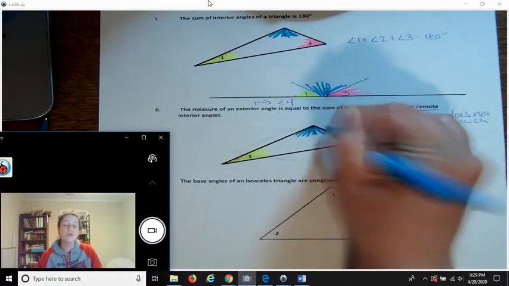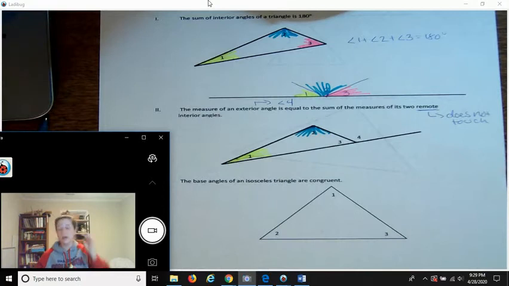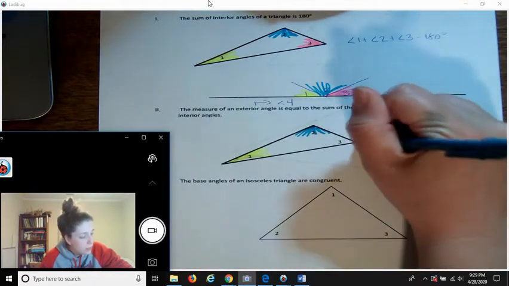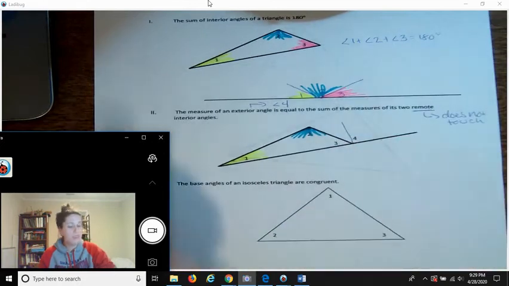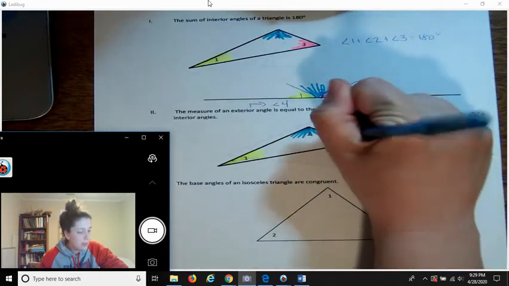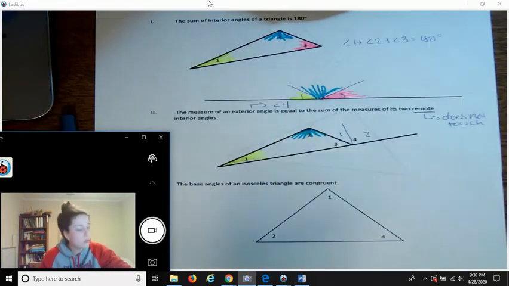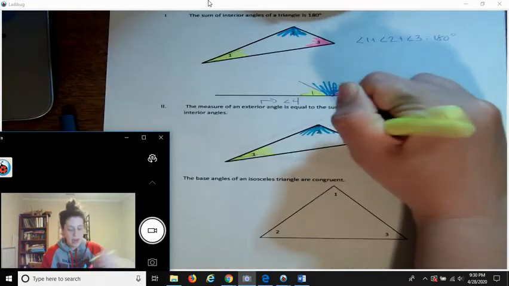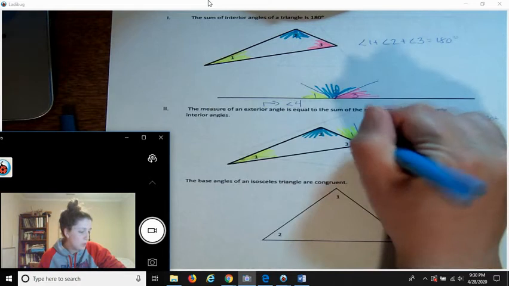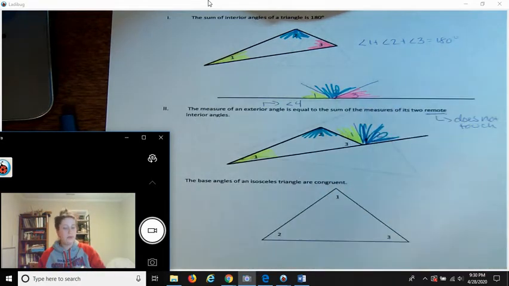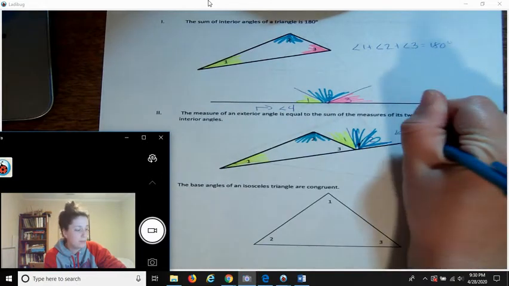These are our two remote interior angles, interior because they are inside of the triangle. If you cut these two off of this triangle, you would see that they fit together so that angle 1 and angle 2 combine to add to that exterior angle, angle 4.